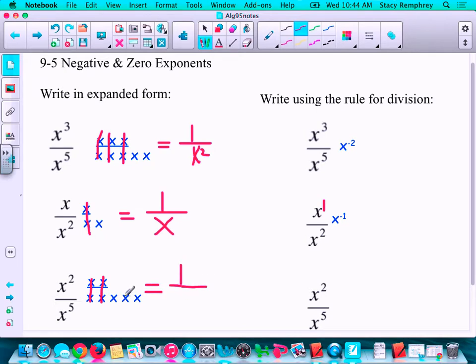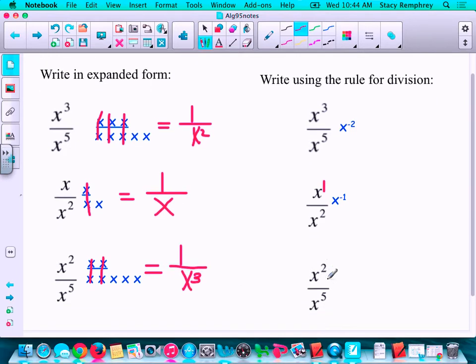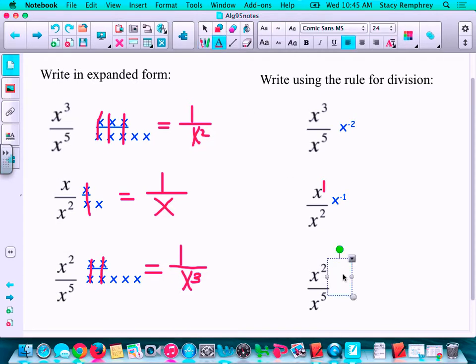And on the bottom, I have x to the third. And again, over here, I have the exact same problem, except I'm just going to do it with the rule for division. So I get x to the negative third. 2 minus 5 is negative 3. So these are both the answer to the exact same problem.